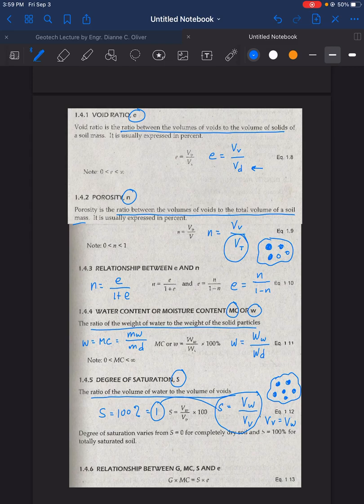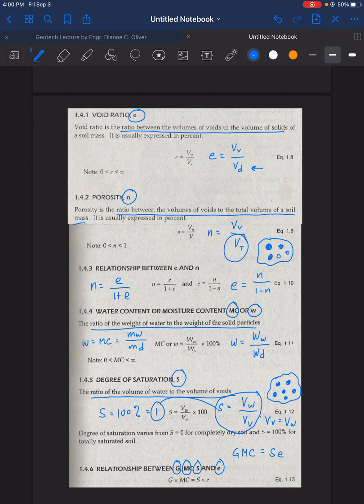Now, the relationship between the specific gravity G, the moisture content MC, saturation S, and void ratio e is that you need to memorize this. We have G times MC is equal to S times e. So G MC is equal to S e.